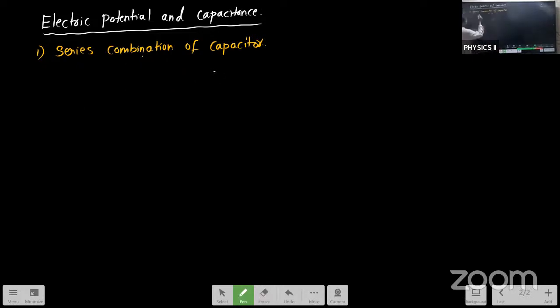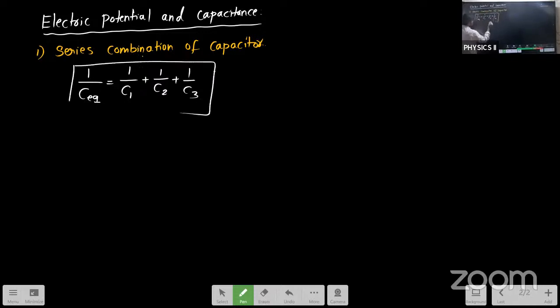What was the formula for equivalent capacitance in case of series combination? It was 1 by C equivalent is equal to 1 by C1 plus 1 by C2 plus 1 by C3. This was the last topic that we did in yesterday's class.